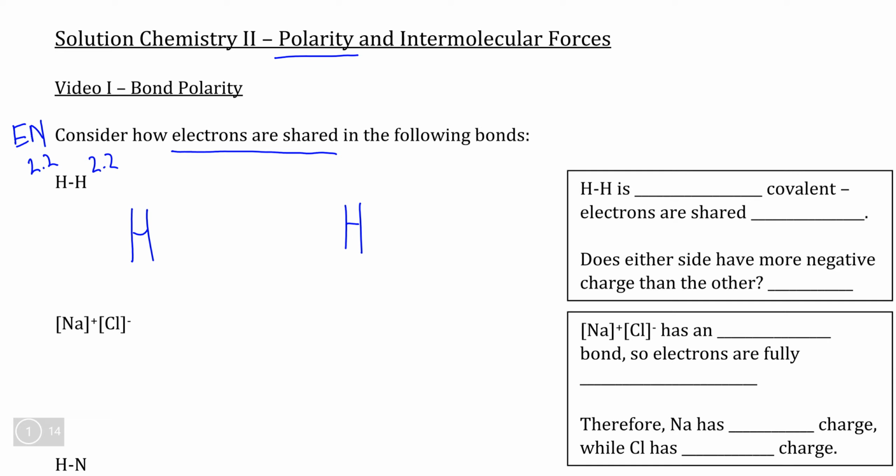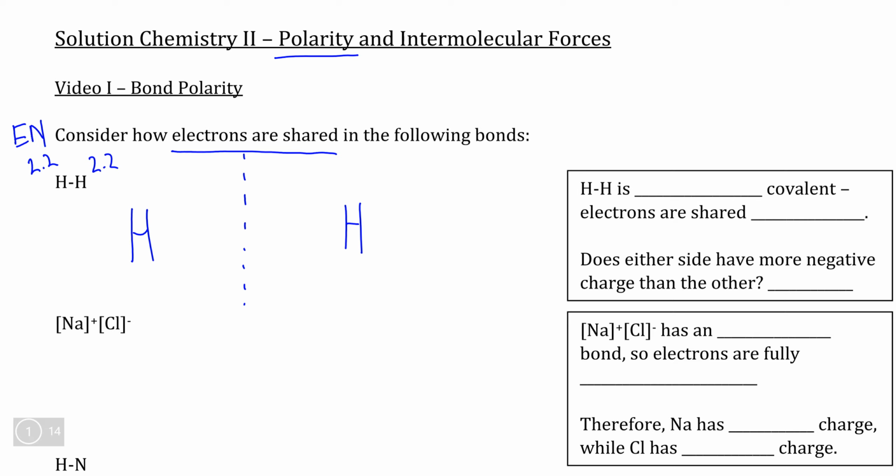Now, this might seem like a silly question, but I'm going to ask it anyway. Which element wants the electrons in its bond more than the other one? Hydrogen or hydrogen? If you answered hydrogen, congratulations, you are absolutely right. Another way of phrasing this is that neither hydrogen wants the electrons more than the other one.